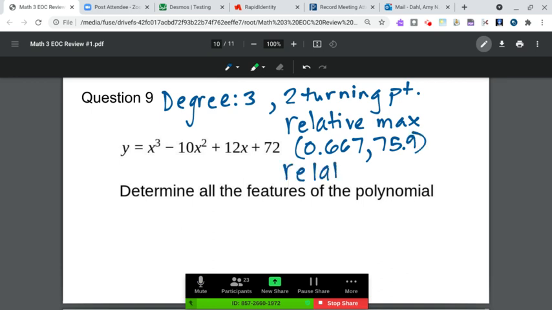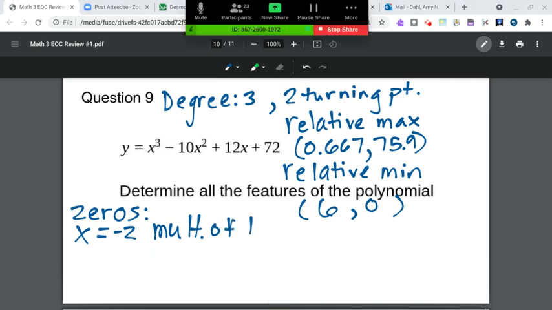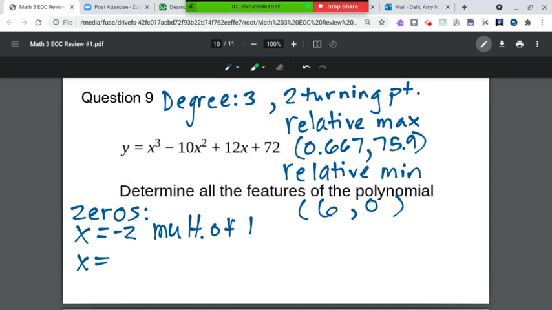Its relative minimum was at 6, 0. Okay. It has zeros of x equals negative 2 with a multiplicity of 1, meaning it only is 1 root. It has a zero x equals 6 with a multiplicity of 2. How do I know? Because it bounces on the x-axis. It's a double root.